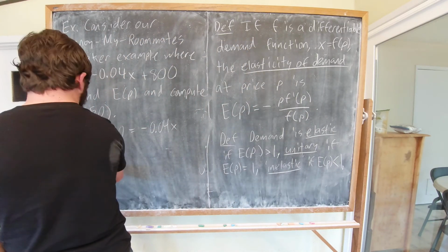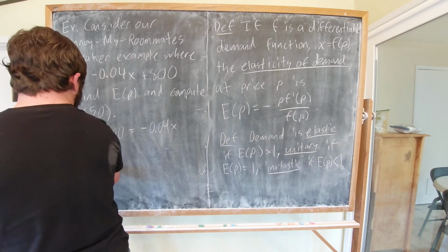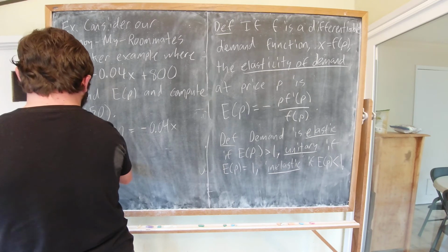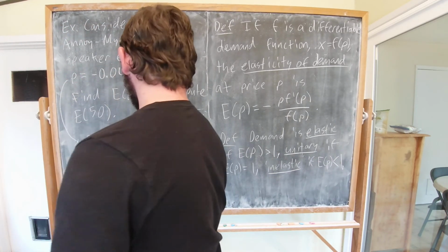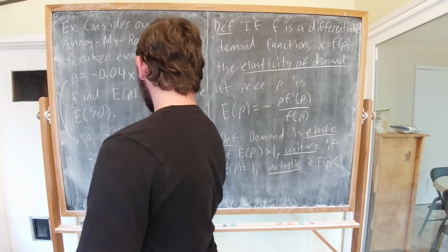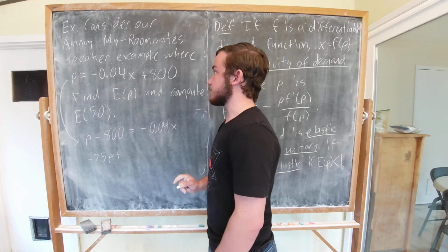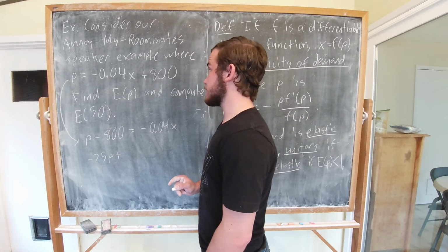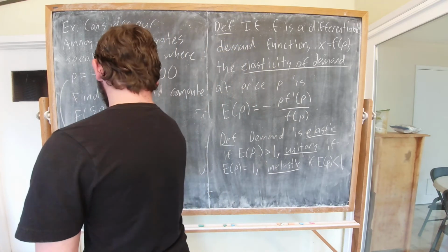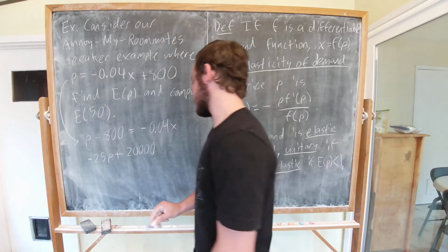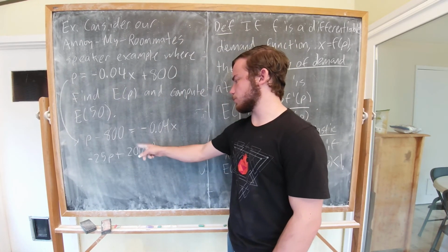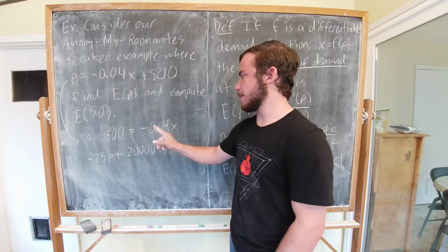So we're going to have negative 25p plus 800 times 25 is, let's see here, 8,000, 16,000 plus 4,000, 20,000. Is that the correct number? Zeros, 1, 2, 3, 4.